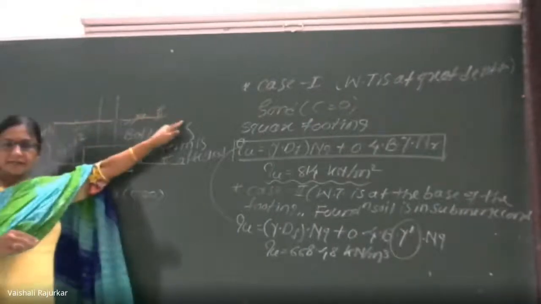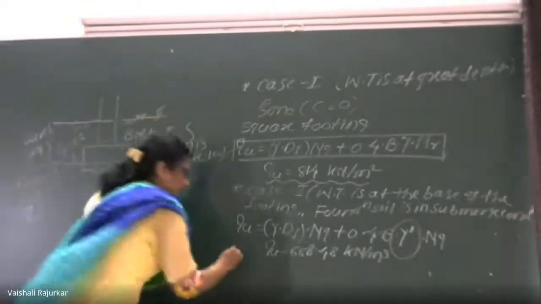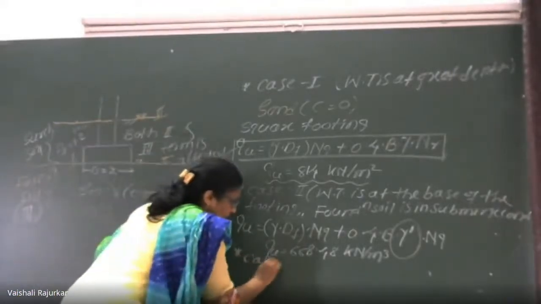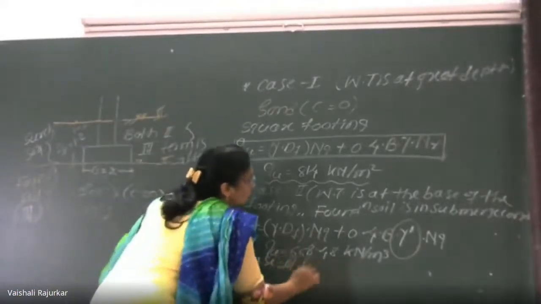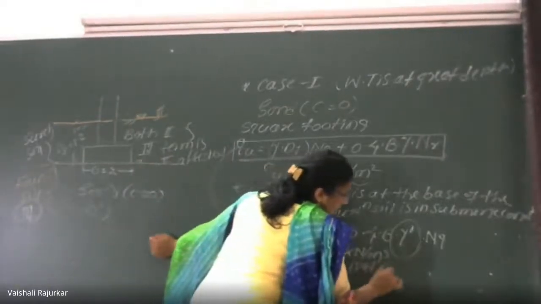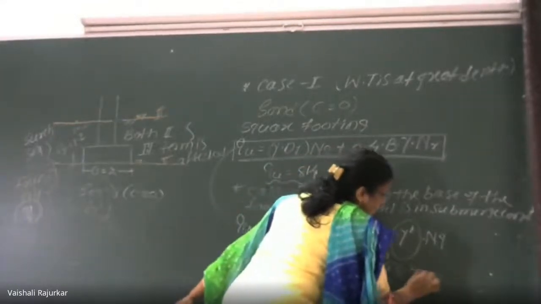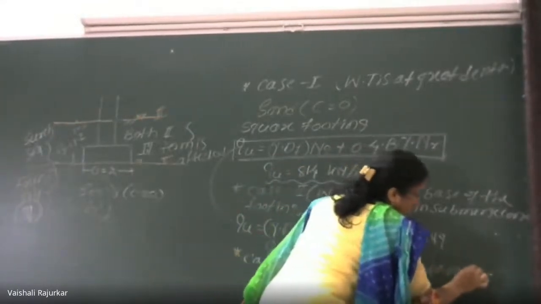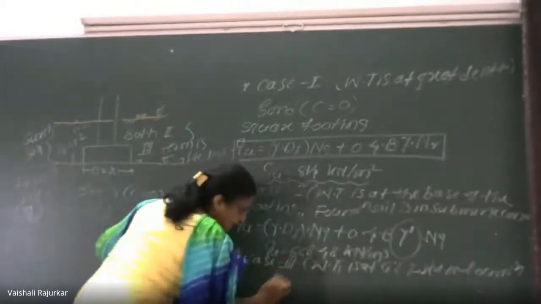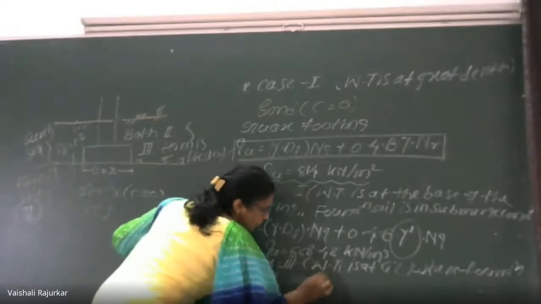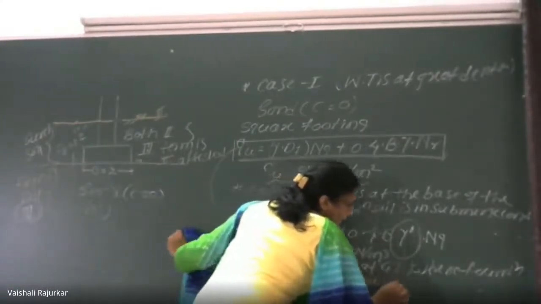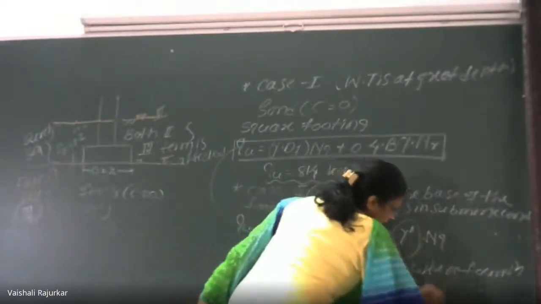Here the water table is at the ground level. So in this case, the water table is at ground level, where foundation soil and surcharge soil are in submerged condition.